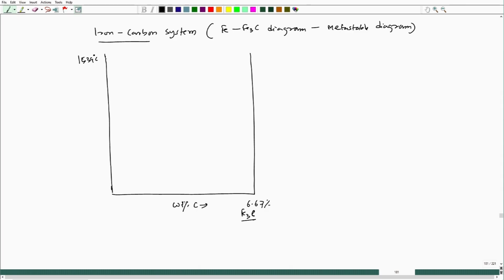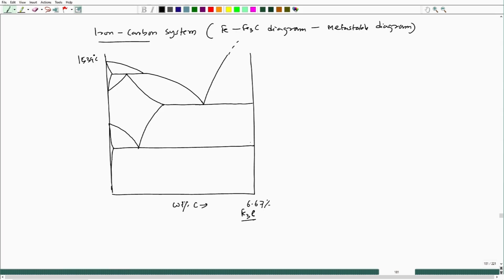So, now here I can have a small section. So, this is the typical diagram you will notice.